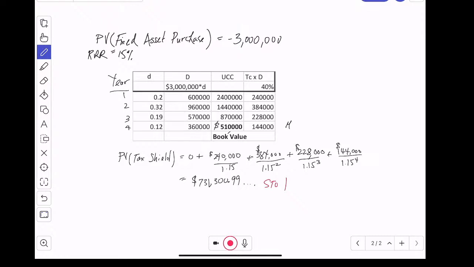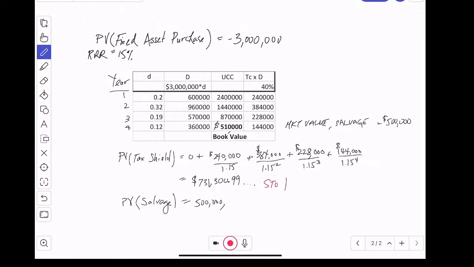And the market value, or the salvage, was equal to $500,000. So we have to account for the fact that we can claim that loss.